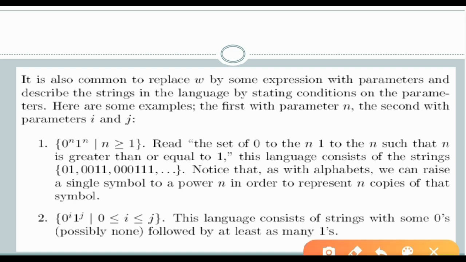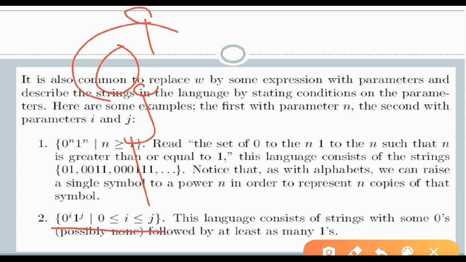So 0 to the power i, 1 to the power j, where 0 is less than or equal to i, less than or equal to j. We should not confuse this at all. Earlier, for both 0 and 1, I had a common integer n, but now you have two different integers, 0 to the power i, 1 to the power j.